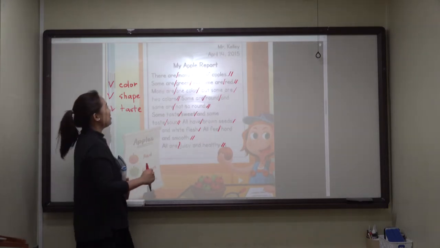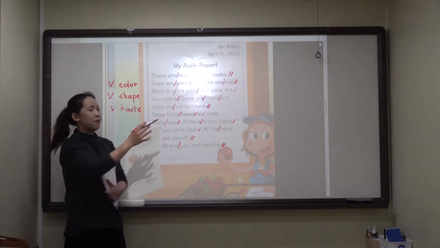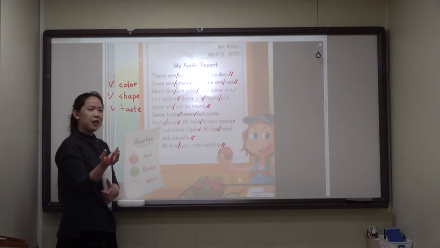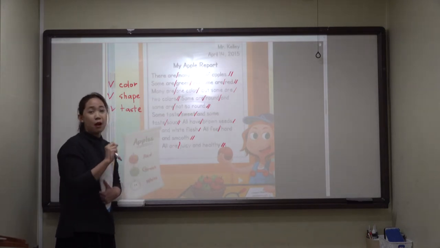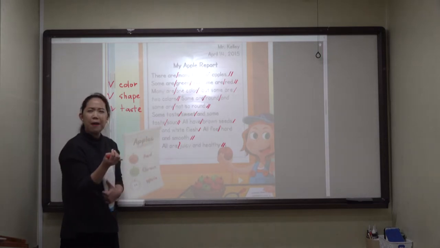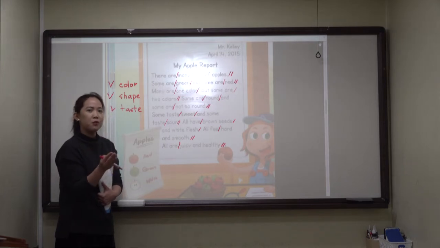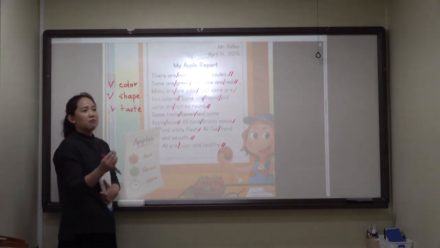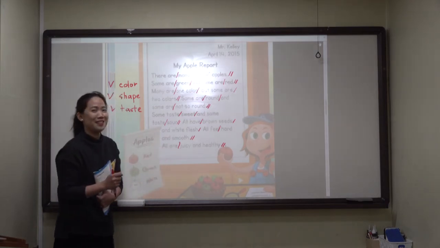Next, some are depending on the shape. What is the shape of an apple? Actually, in Korea, you can buy these really big round apples, right? And some actually have a shape like a pear. Which one do you like the most? Korean apples or those apples that are imported from other countries?